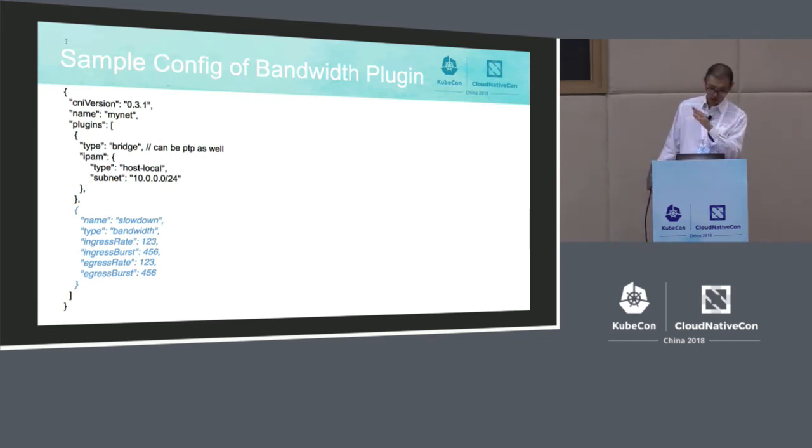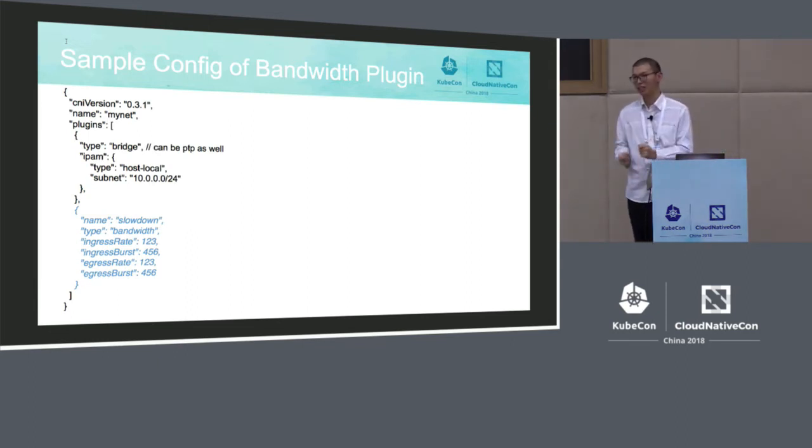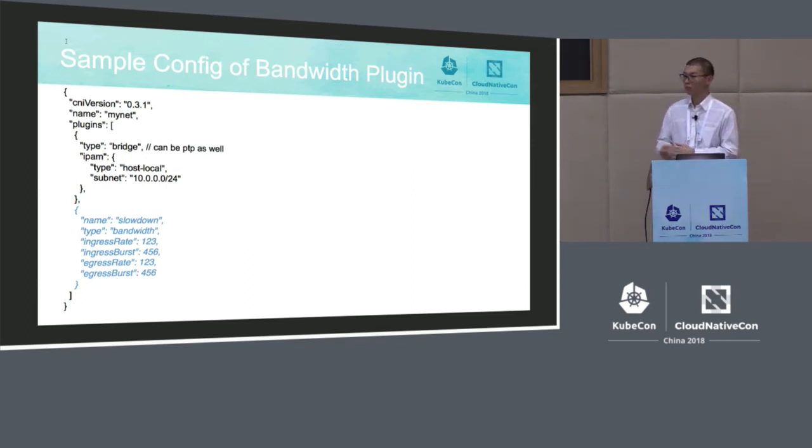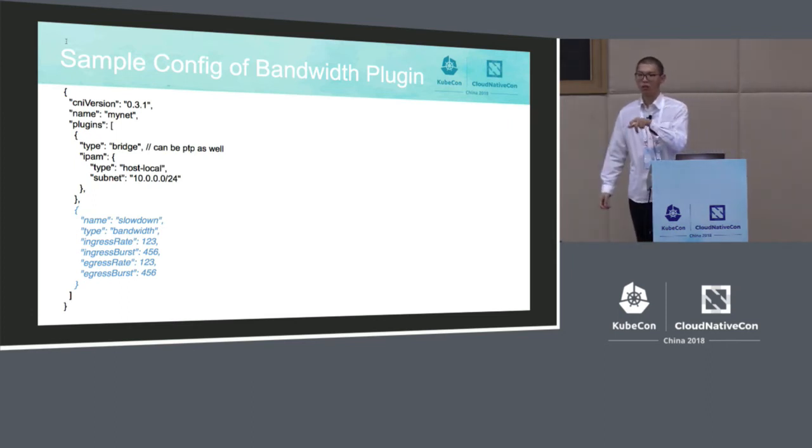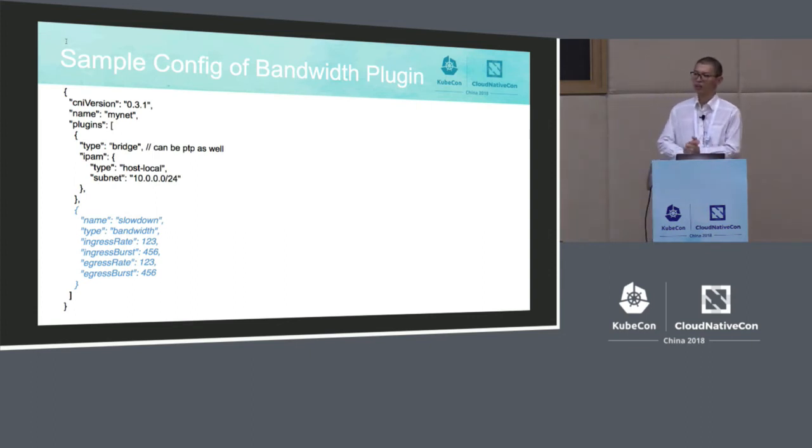The subnet is... so these are the types and the subnets. The node A and node B will have their assignment. So we have this for the harmonization of different nodes.